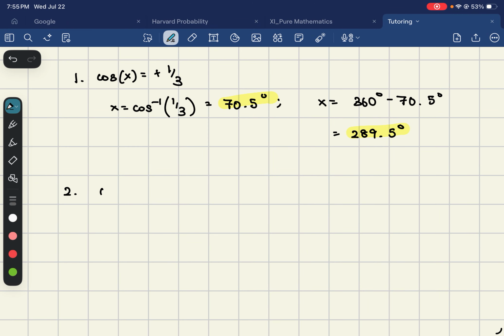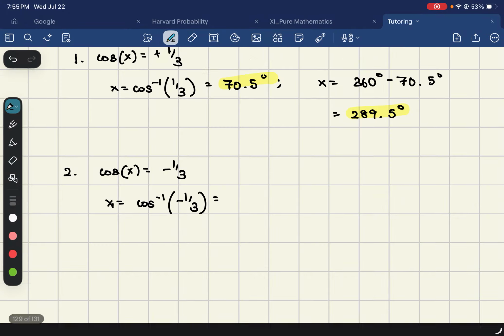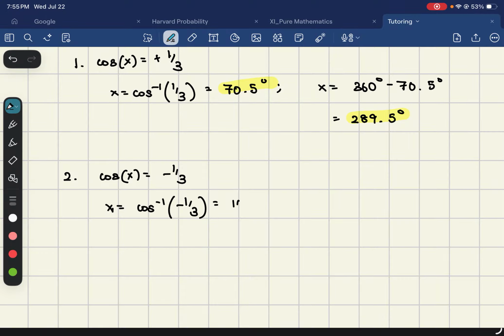Now I need to solve for cosine of x is equal to negative 1 over 3. And I can again just take the cosine inverse. For cosine, I don't really have to worry because I am going to get an obtuse angle, an angle in the second quadrant. So 109.5 degrees. So that is one solution.